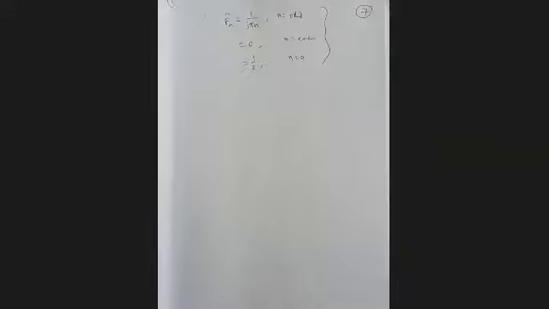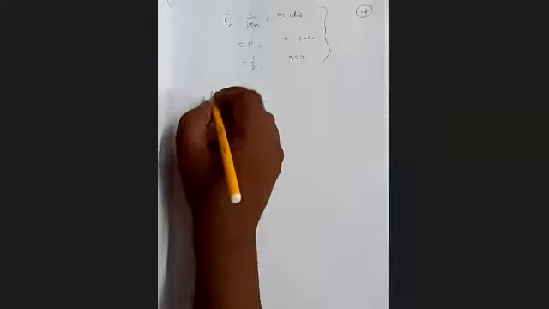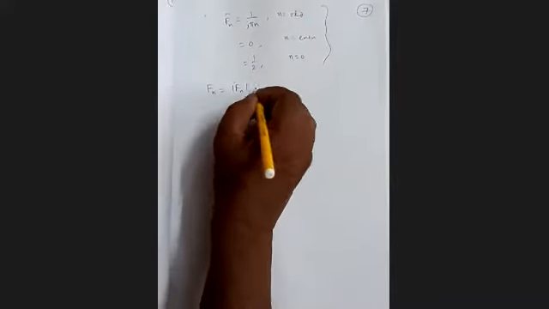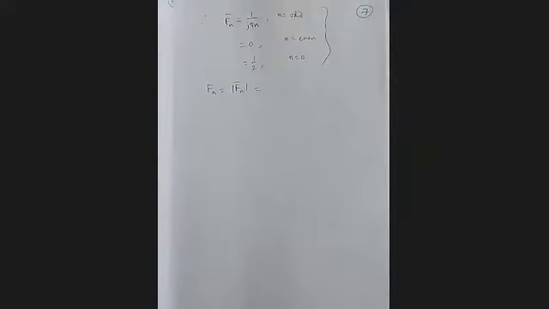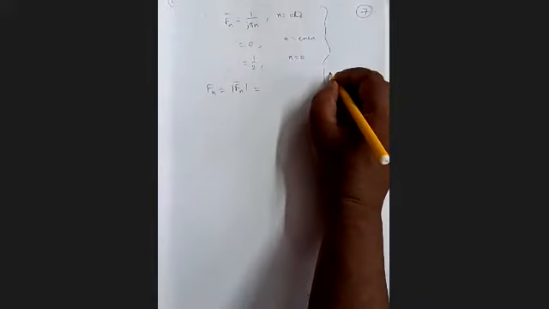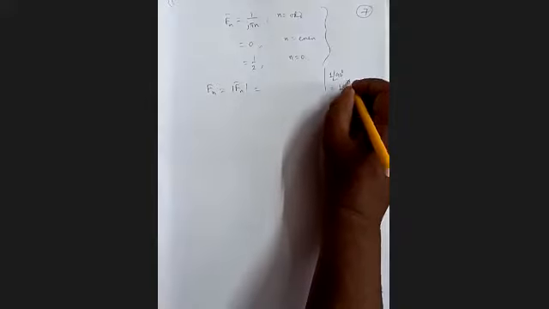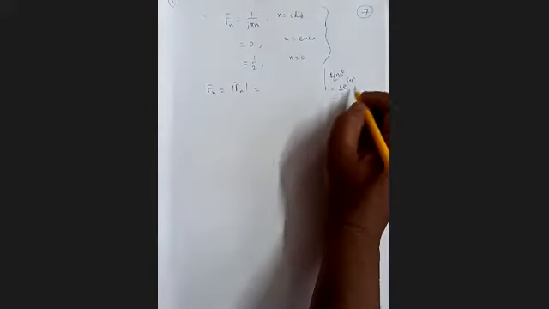Now, once this is known, we can find out the magnitude. What is Fn? Fn is the modulus of Fn bar. Now, what is the mod of j? Mod of j is 1. Can you prove that mod of j is 1? Actually, we know 1 angle 90 degree means 1 e to the power j 90 degree, exponential form.